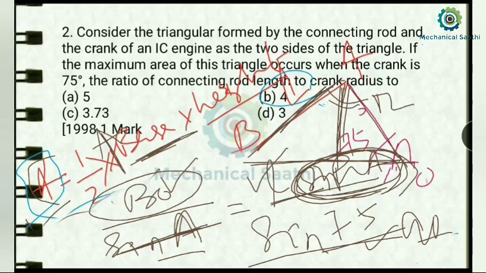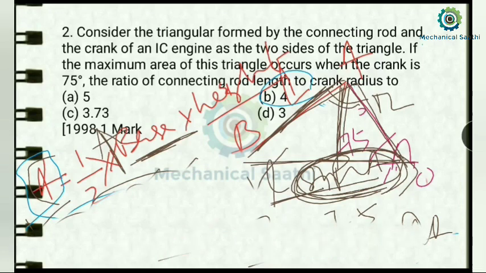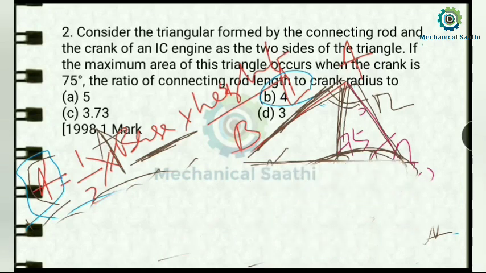Now we get a right angle triangle. Let us use the formula for finding the connecting rod length divided by the crank radius, so we need to find L by R. In this right angle triangle we can use the formula for tan theta.